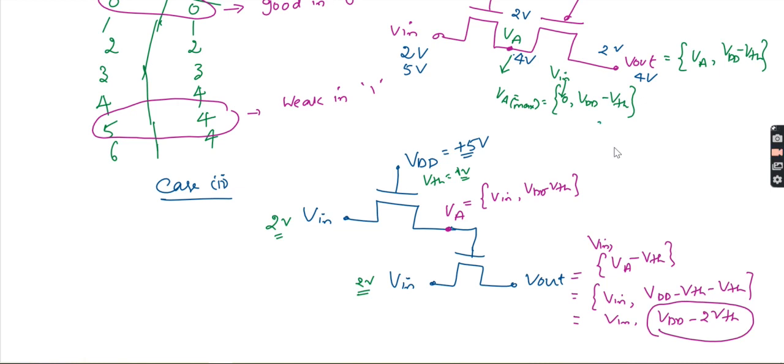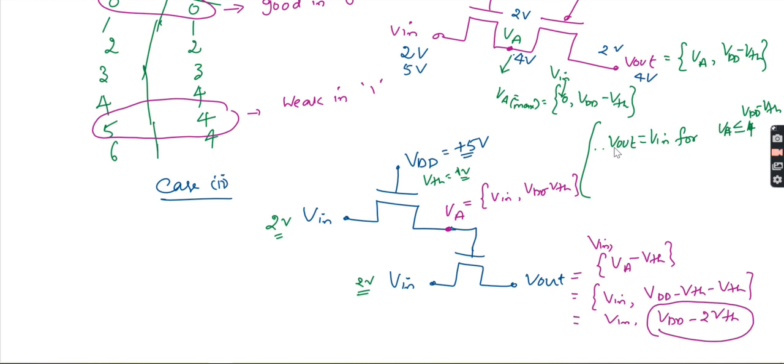So if I want to write a better condition, it will be Vout is equal to Vin for VA less than or equal to 4, or I can say VDD minus VTH, the general formula.